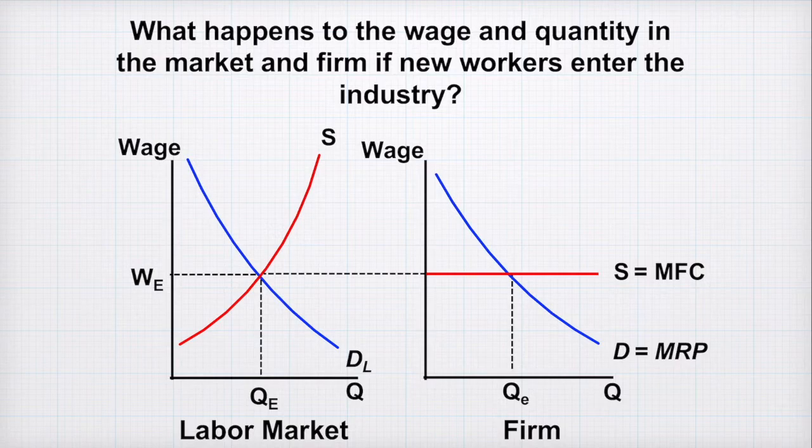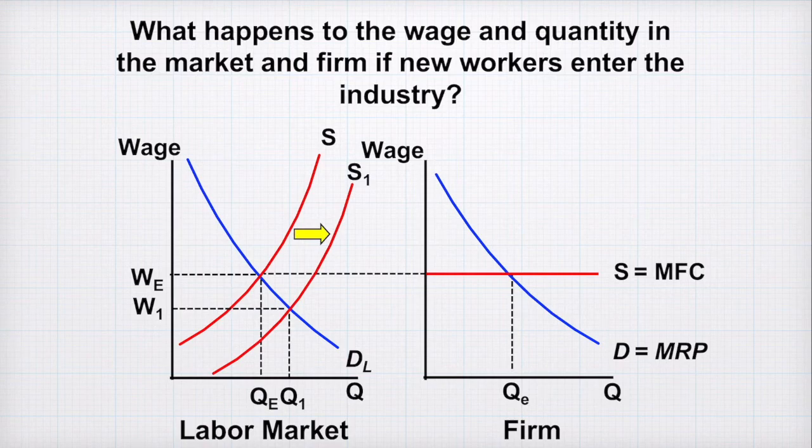Well, really, this is just combining things from different units. If more workers enter the market, that's going to increase the supply of labor. Now, what will that do to the equilibrium wage? Just like any other supply and demand market, the price, in this case the wage, will fall, and more workers will be hired. So if there are more workers in a particular industry, that will put downward pressure on the wage, and more workers will be hired.